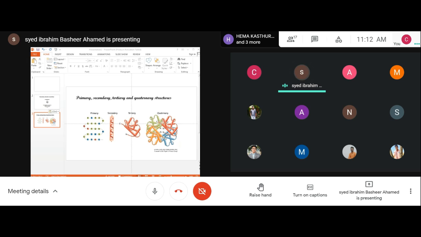Then you are saying methionine has a hydrophobic side chain.